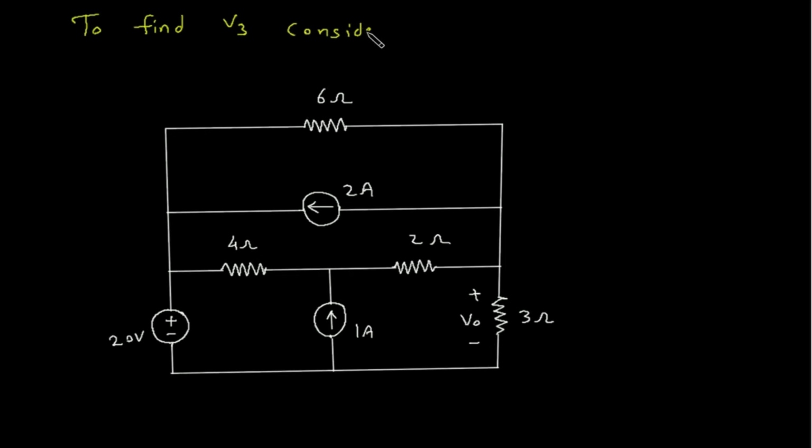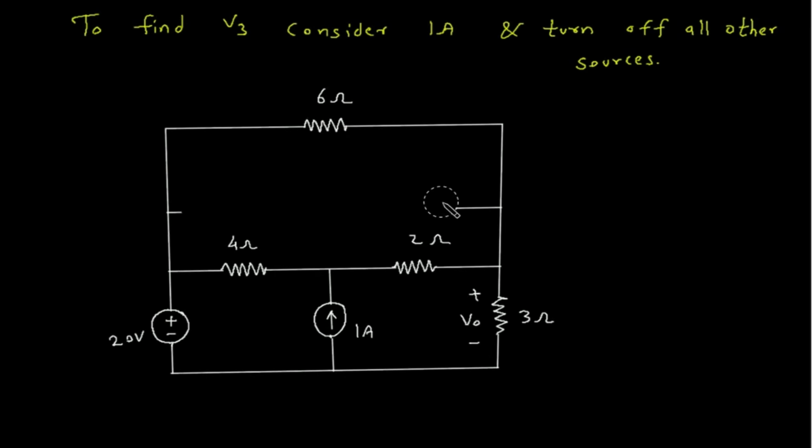Consider 1 ampere and turn off all other sources. So this will be turned off and open circuited because this is a current source, and this is turned off and short circuited because this is a voltage source. Now we have to find this V. Also this will be V3, not VO, because this is the voltage due to this 1 ampere current source.